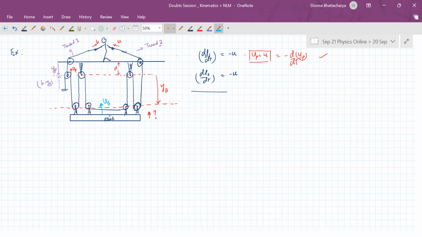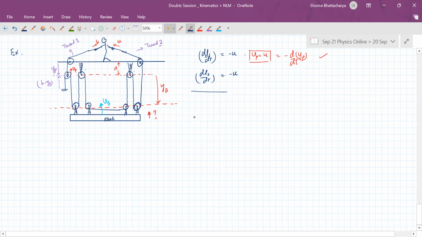And yb is the position of the block, but actually the position of the pulleys which are attached to the block, with respect to this fixed level of the pulleys. These 2 pulleys are fixed, no? This one and this one. You understand? Yes, sir. So with respect to that, these 4 pulleys are at a given distance of yb, let's say, at any point of time. And because they are attached to the block, I have related it as b. Okay, is it clear now?